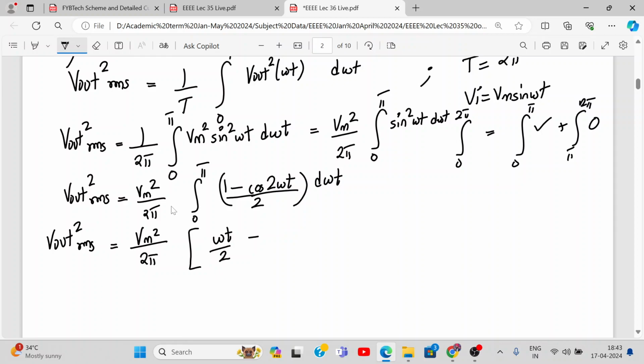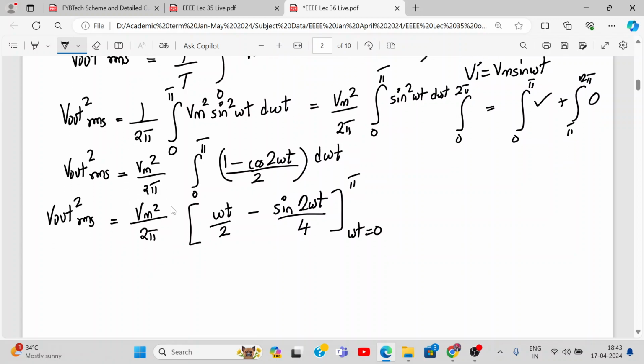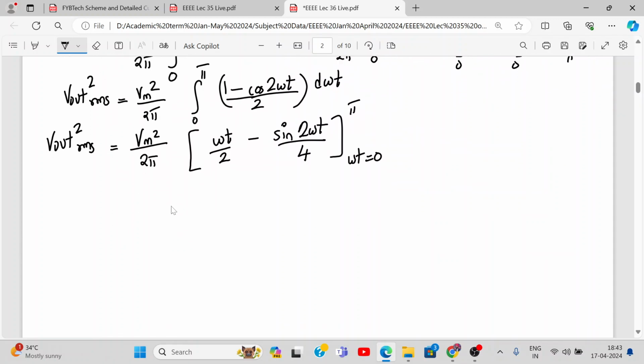I mean, sine, na? So sine 2 omega t by 4, because the coefficient of omega will come. Are you getting it? Omega t going from 0 to pi. Understood this? Yes or no?